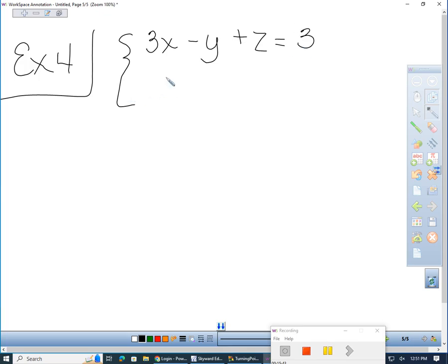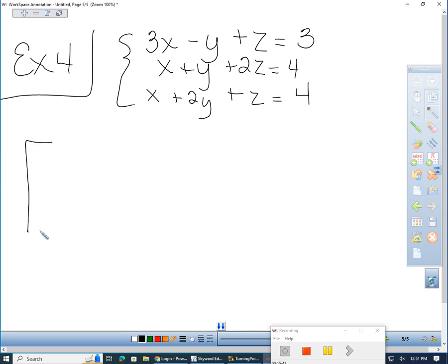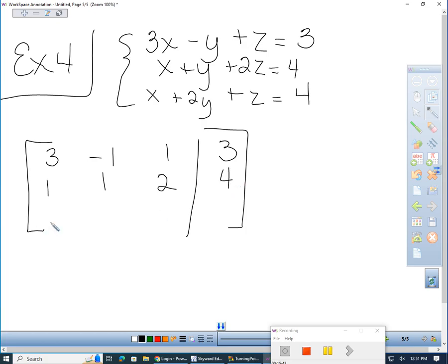We'll do x plus y plus 2z equals 4, and x plus 2y plus z equals 4. So the very first thing we have to do is our coefficient matrix. 3, -1, 1, 3. All right, the next one would be 1, 1, 2, 4. Then we have 1, 2, 1, 4.